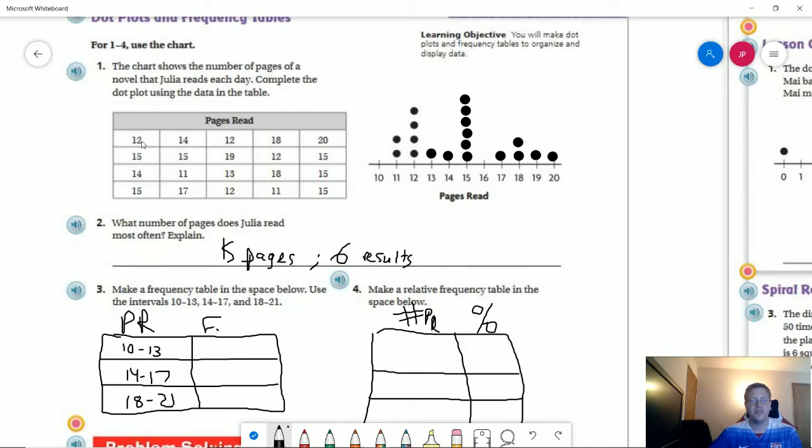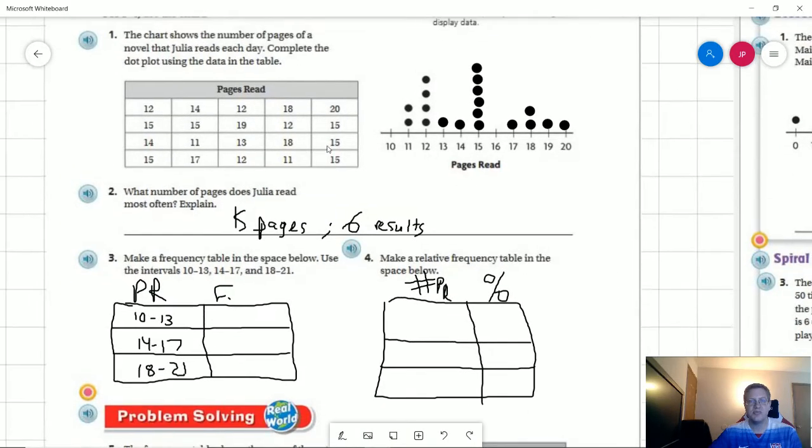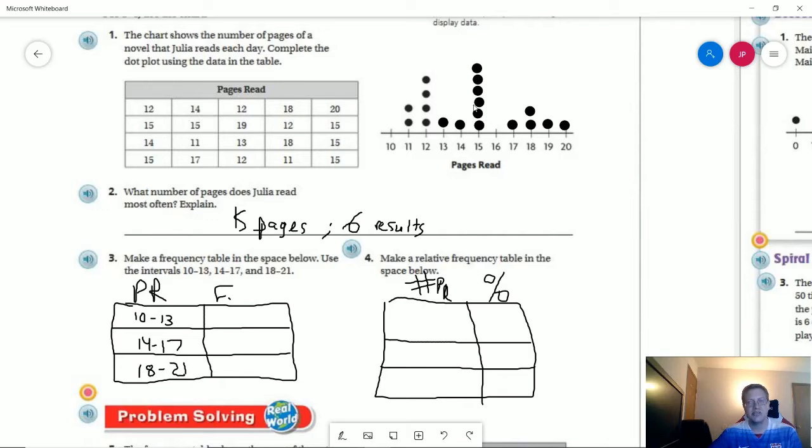So of all of my data points, I have 20 different data points. 6 of those are all the same number. So a frequency table is going to take this information and relay it in a number. A relative frequency table is going to do something similar to that, but it's going to give the percentage of the total for that as a comparison to the whole.